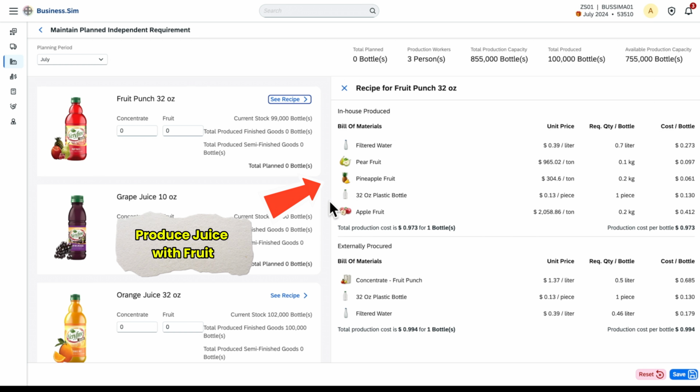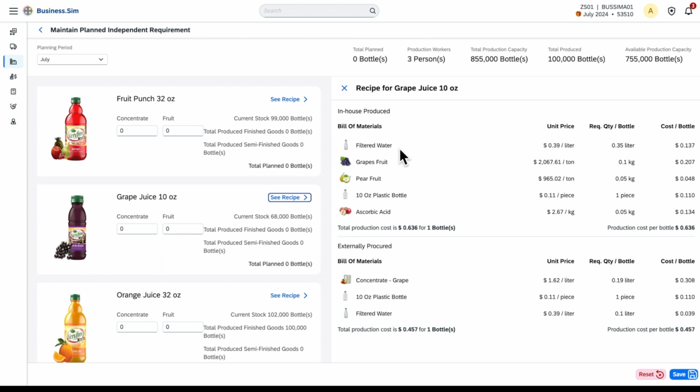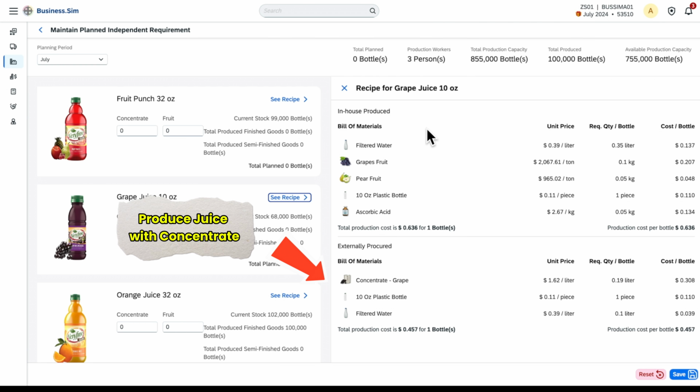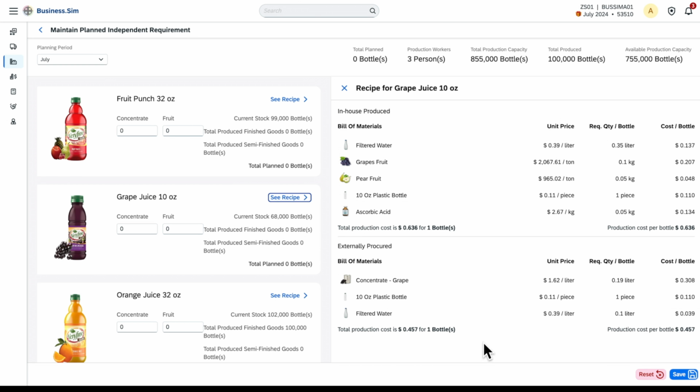The top part shows the ingredients needed to make a juice, while the bottom part shows the ingredients needed to produce concentrate. This feature also provides information about the price of each required raw materials for each kilogram. Next, it explains the total amount of raw materials needed to produce the juice.